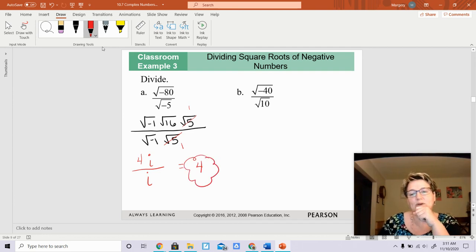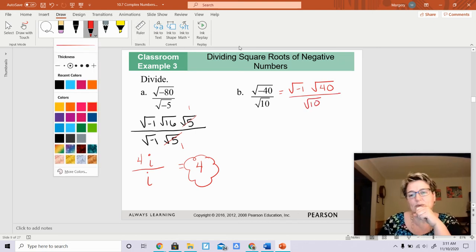Now, i divided by i is 1, so my answer is going to be 4. Okay, this one over here, I'm going to have the square root of -1, and I'm just going to do this real quickly. The square root of 40 over the square root of 10. Because they're both under the same radical, I can reduce them.